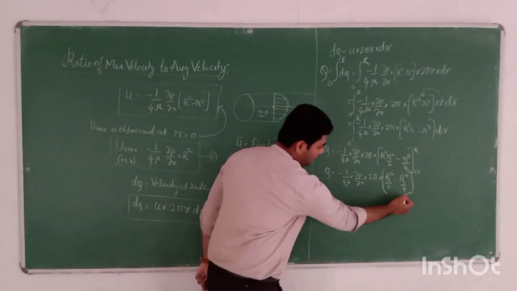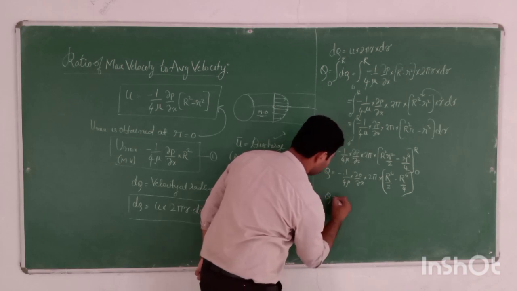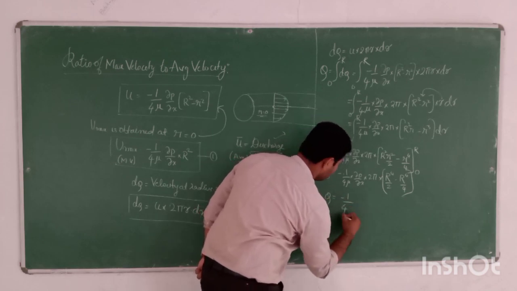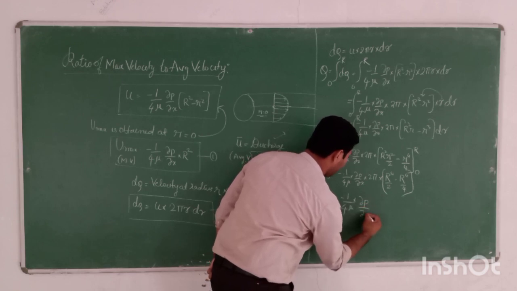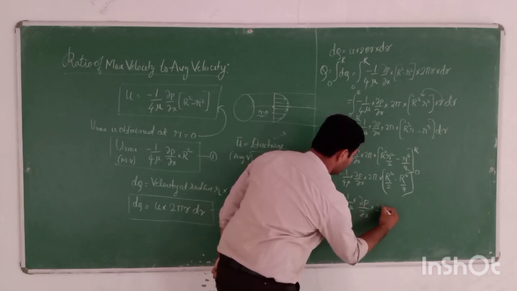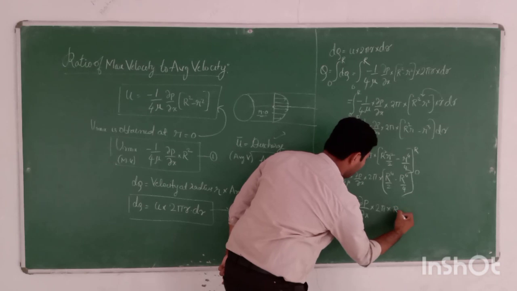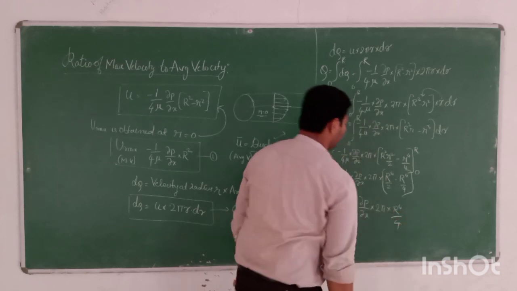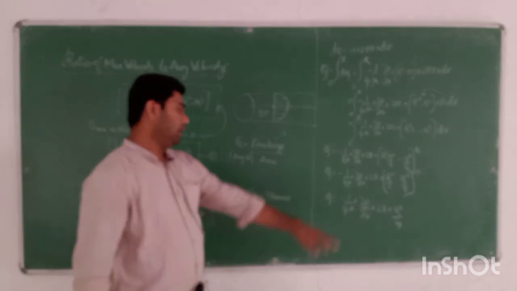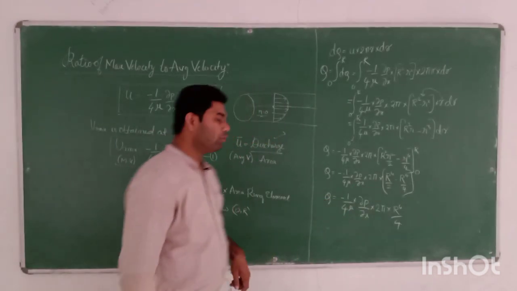If we subtract this, Q is nothing but minus 1 by 4 mu into dP by dx into 2 pi into r to the power 4 by 4.